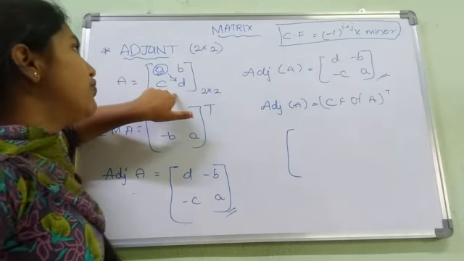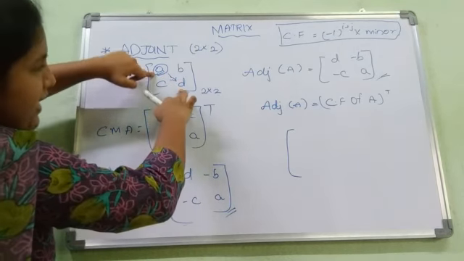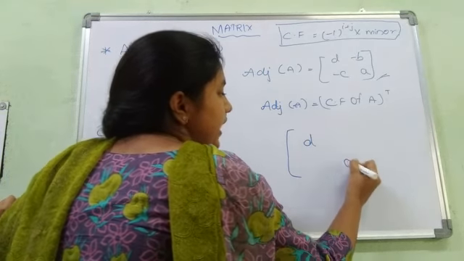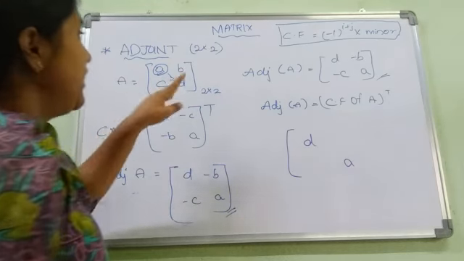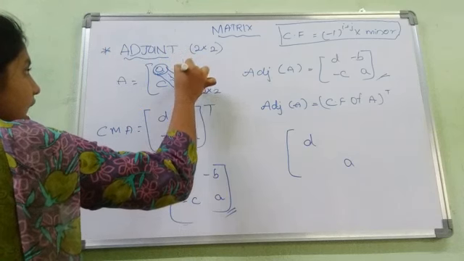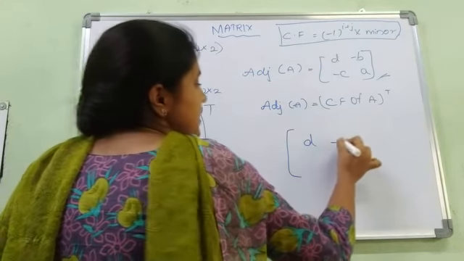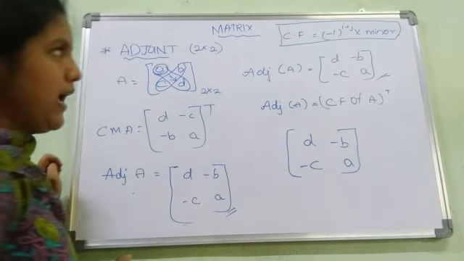Adjoint A. So to find adjoint A, first of all, the opposite elements A and D are there, right? I'll interchange them: D, A. Okay. First, I changed A and D, and then I kept minus for B and C. So this is the answer.